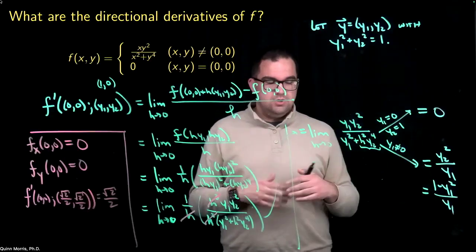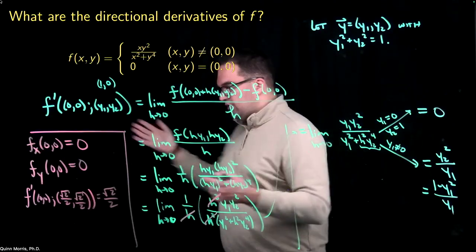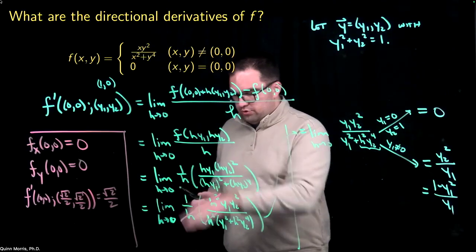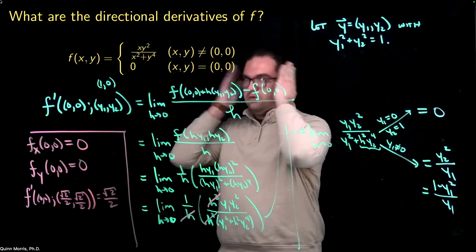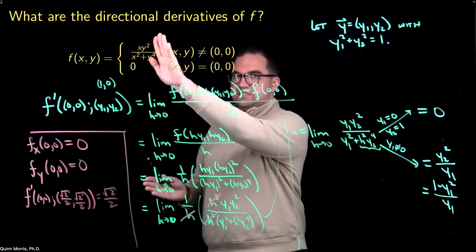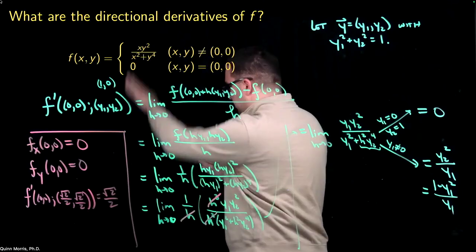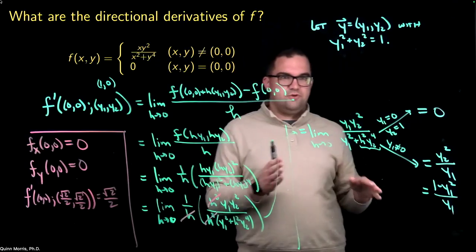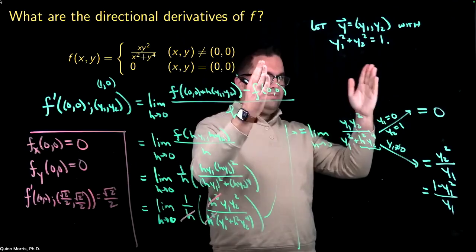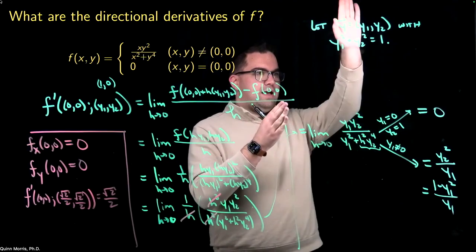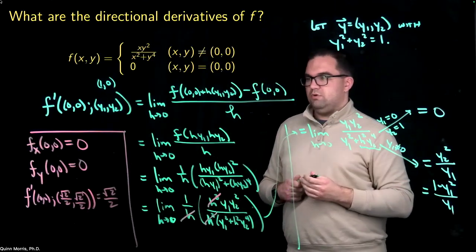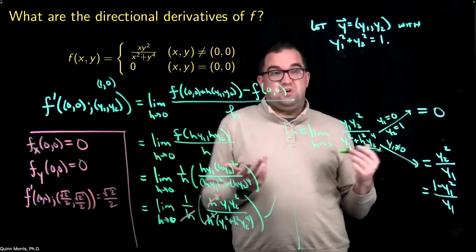Imagine you're standing at this point on the surface, and in every direction you turn, imagine you can only look in a straight line forward and back. But in every direction, this is nice and differentiable. I turn here, it's still differentiable. So whatever's going on with my surface, as long as I turn and fix a direction and only look forward and back in that direction, my surface looks nice and differentiable there. So that's sort of nice.